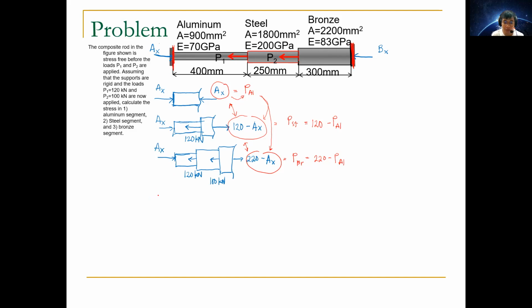So if you add up all the deflections coming from aluminum, steel, and bronze, they are all equal to 0 because it's fully restrained. It's fixed.